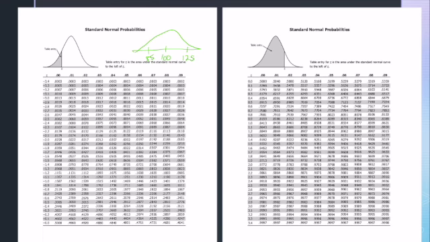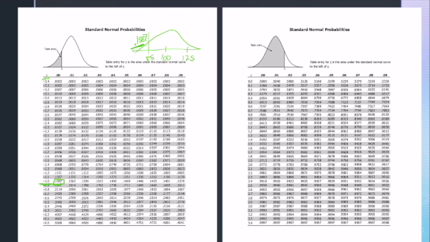Well, 85 had a Z-score of -1, so I'm going to go to -1.0 in the table. I find 0.1587. So that means the area below 85 is 0.1587. And that makes sense, right? 85 was on the first standard deviation below the mean, and the amount of data values below that is about 16%. So we're really close.